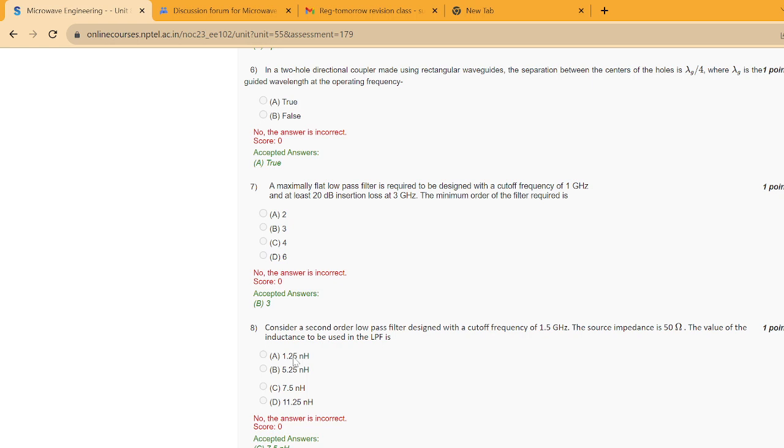So 7.5 nanohenry, madam. Right answer. So that is the right answer here. Okay, madam. 7.5 nanohenry.